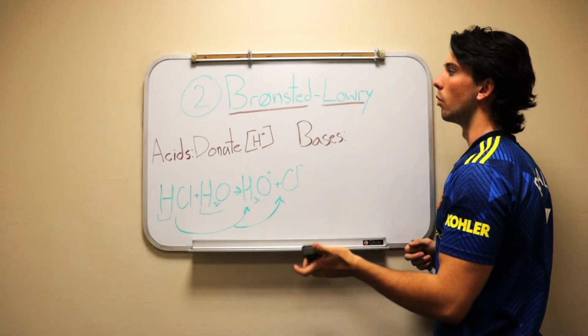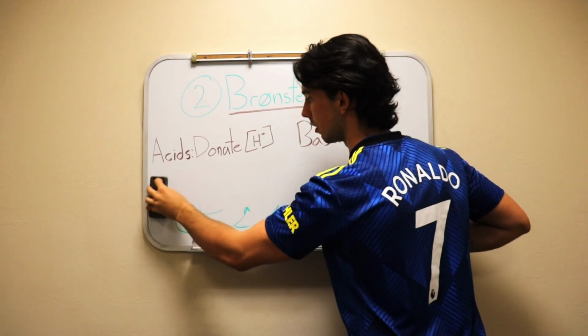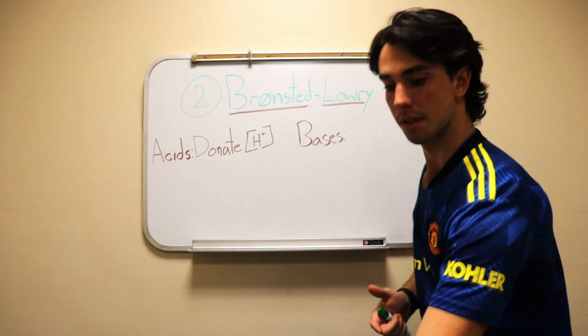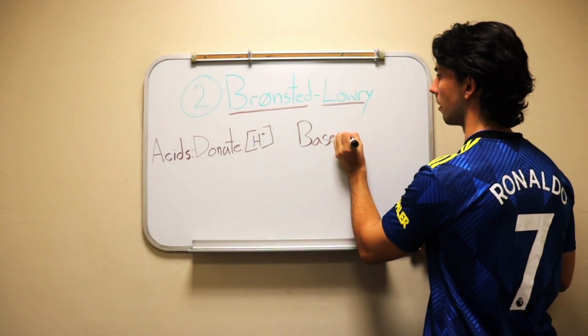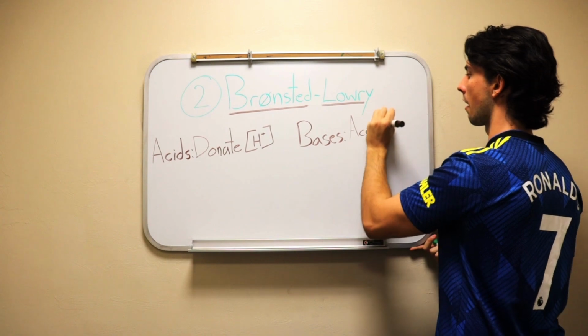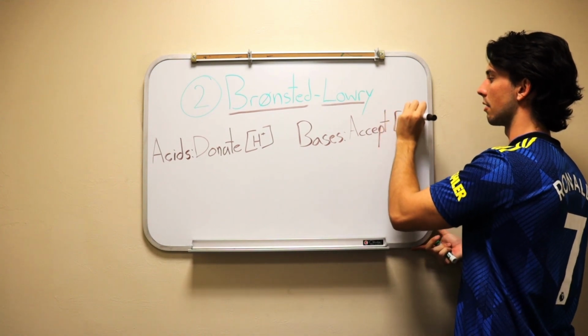Now, when we're talking about bases using the Brønsted-Lowry concept, this is basically just what accepts that proton. So these will take it, they'll add it to them. They're going to accept that hydrogen.